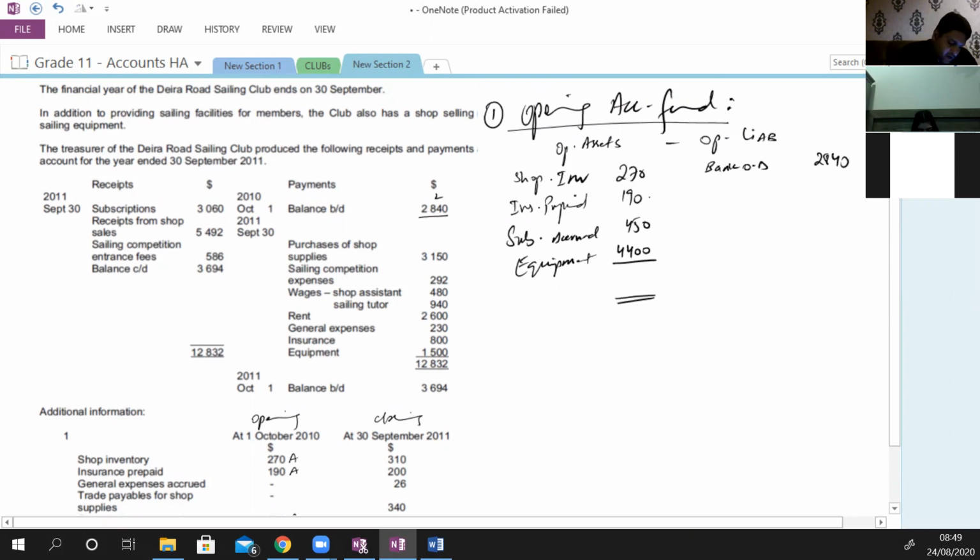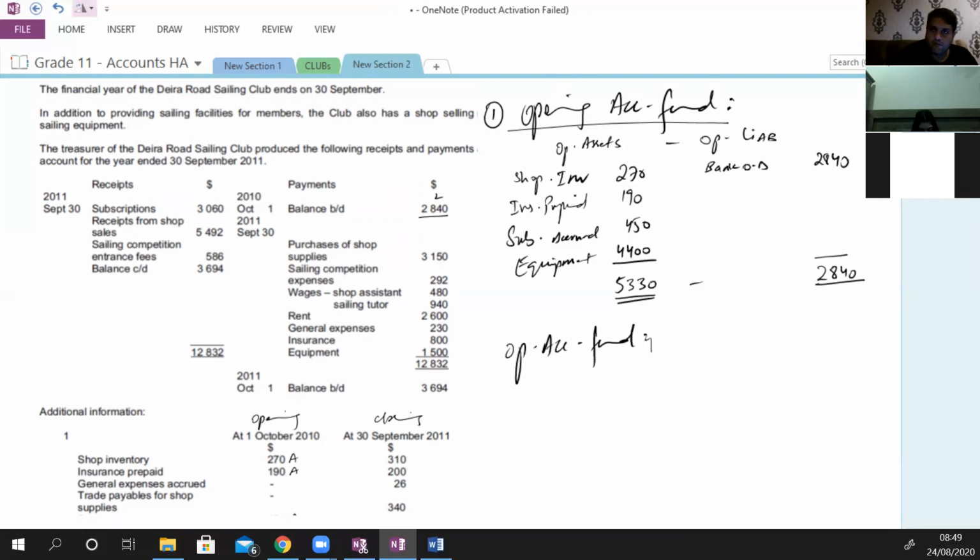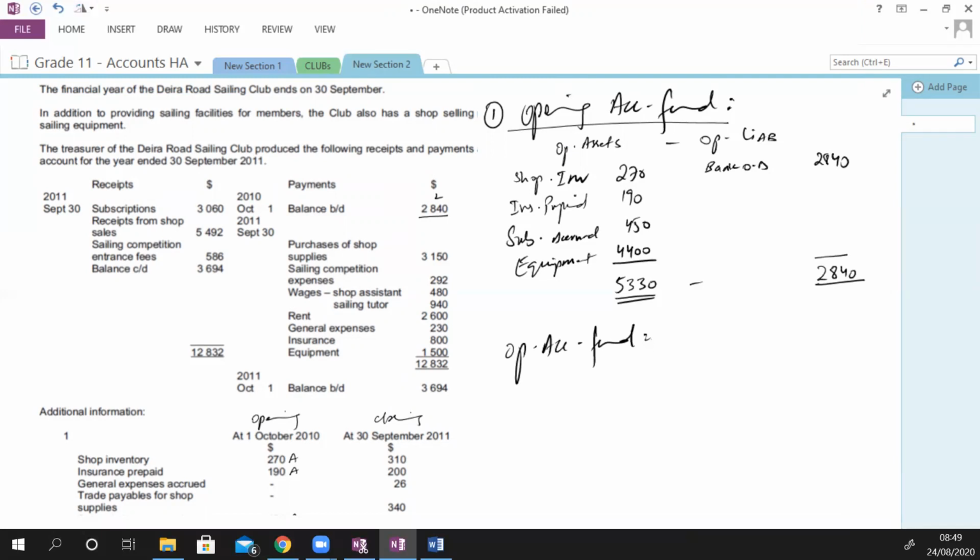So the total value of assets would be 270 plus 190, 460, 460 and 450 is 910, and 4400 makes 5330. Minus liabilities of 2840. So how much would be the opening accumulated fund? 5330 minus 2840.